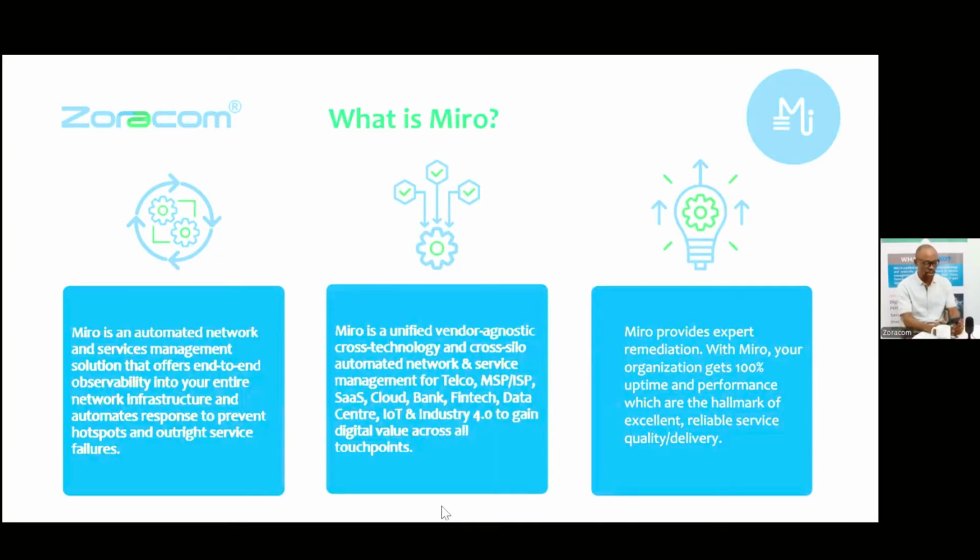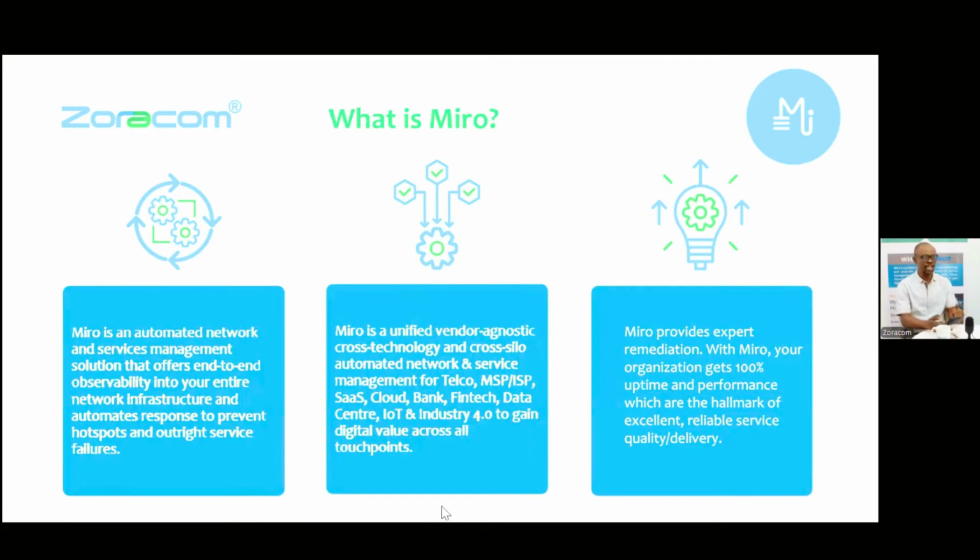Presently, I am still within the NOC space, where I am carrying out my networking expertise. We make use of what we call the Mirror solution. This is a very, very reliable solution. It is an automated network and service management solution that offers end-to-end observability to your entire network infrastructure.